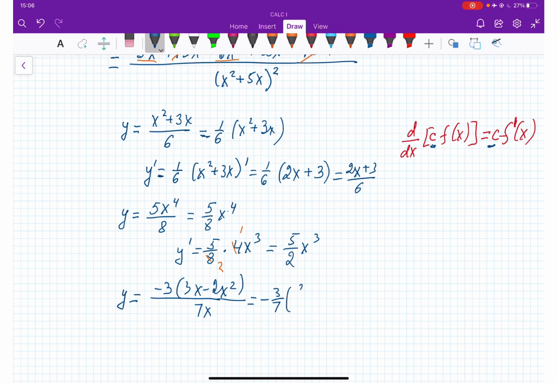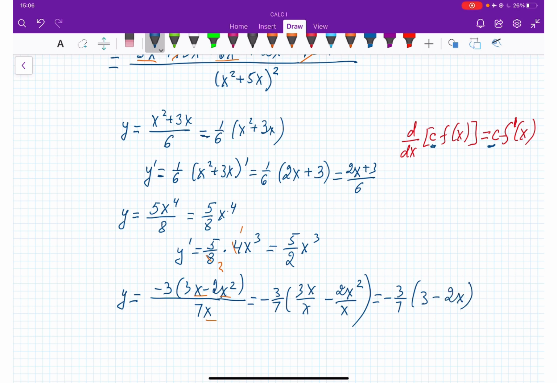Look here, 3x over x minus 2x squared over x, right? Because I have x here, I have x here, and I have x here. So I separated the denominator with the common denominator. So this way I will end up with negative 3 over 7, 3 minus 2x, right?